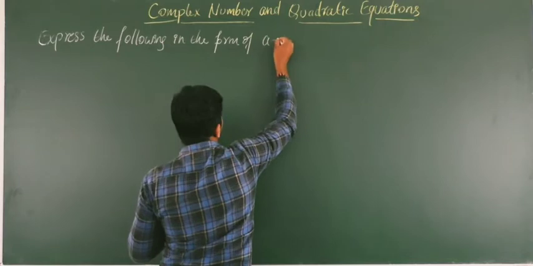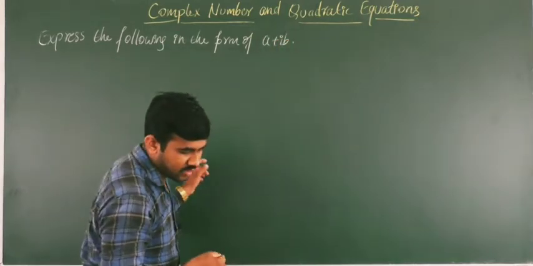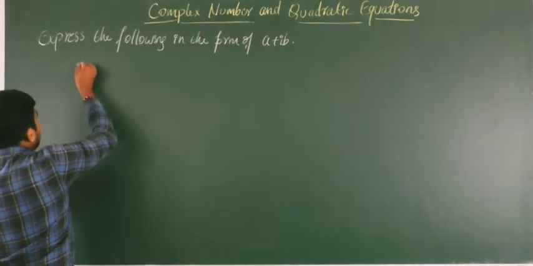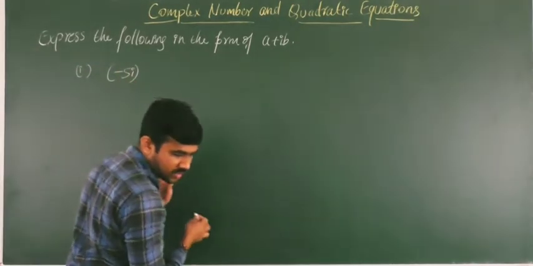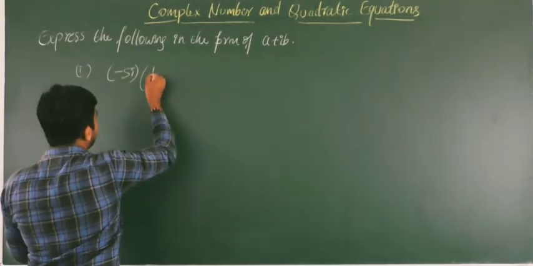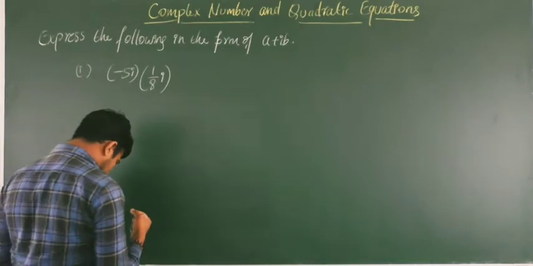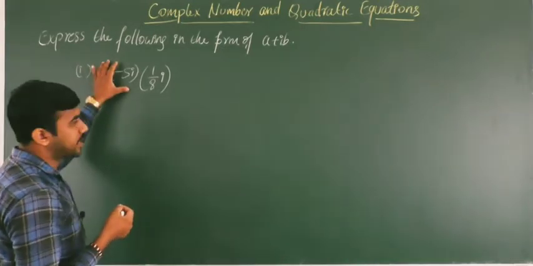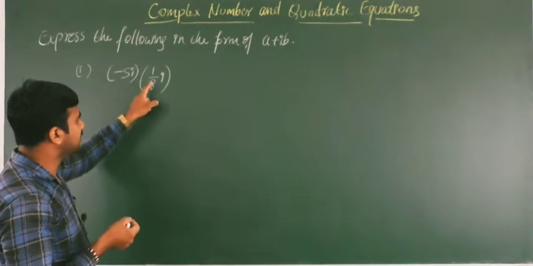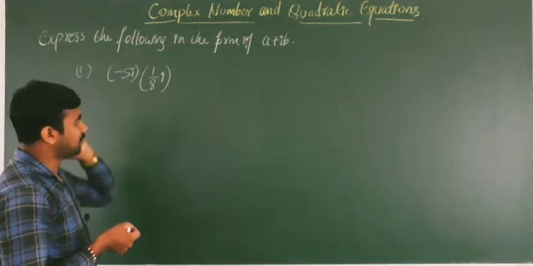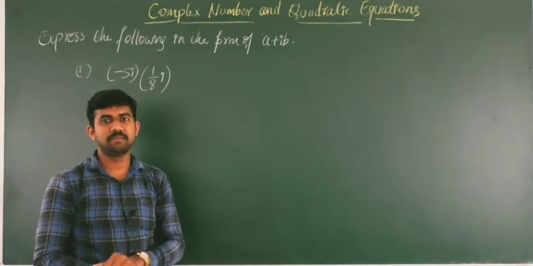Minus 5i into 1 by 8 into i. Here they have given a complex number minus 5i and another complex number 1 by 8 into i, and they are multiplied. We have to simplify this and write it in the form a plus ib.